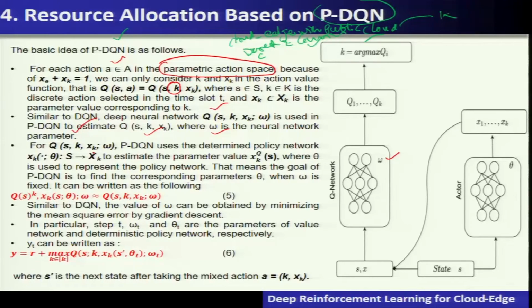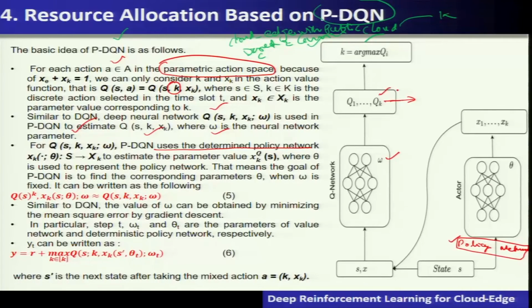Now for the k values, PDQN uses the deterministic policy network. So where is the policy network? This is the policy network. This is very important to understand. So to determine these xk values, PDQN uses the policy network.